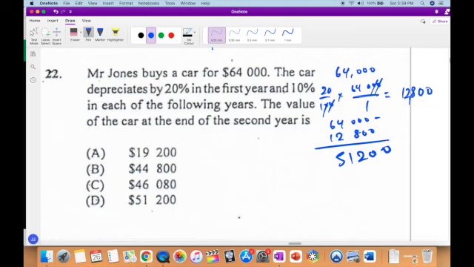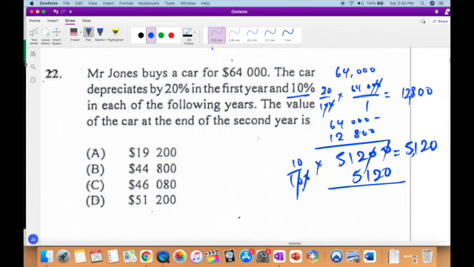Now it depreciates 10% in the second year. So 10% of that, zip, zip, works out to be 5,120. So I will minus 5,120 from 51,200. How do I do this in my mind?